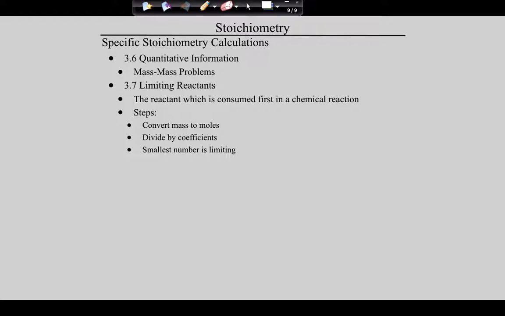Just like bicycles are 1 frame, 1 seat, but 2 wheels. Then guys, once we get to that point, the smallest number is the limiting reactant. Again, review.